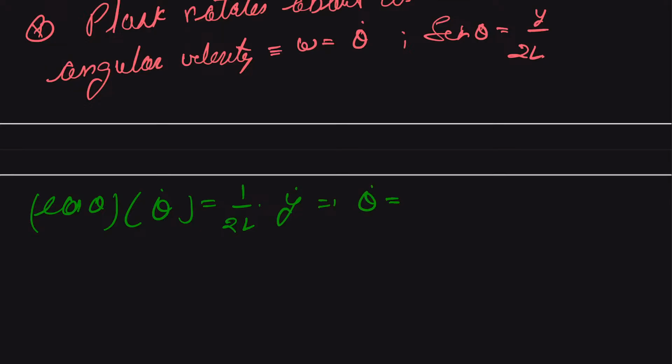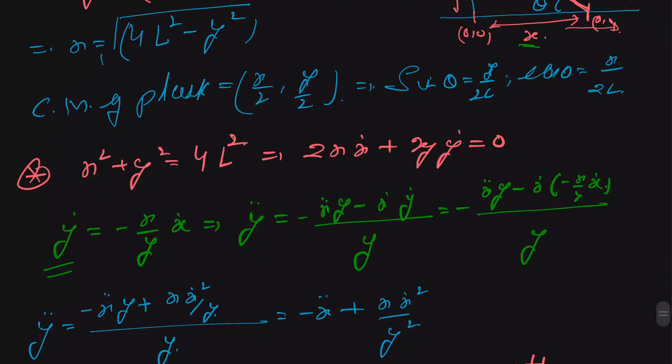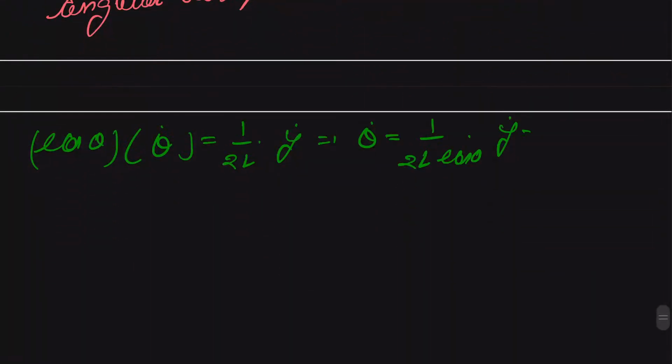From here theta dot is equal to 1 upon 2L cos theta times y dot, and cos theta we already know is x upon 2L. So this comes as 1 upon 2L and x upon 2L times y dot. This 2L cancels out, and from here we get that theta dot is equal to y dot upon x.